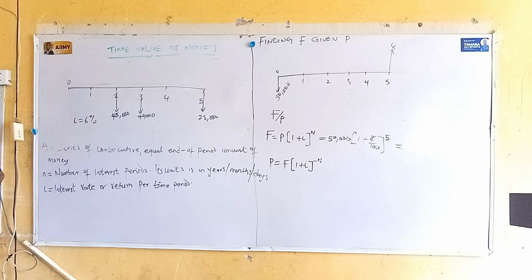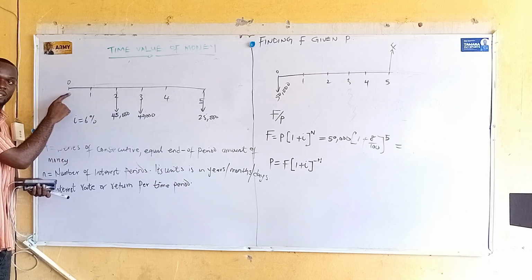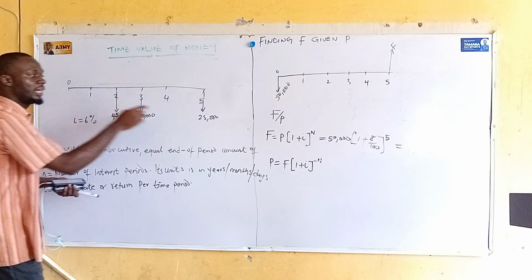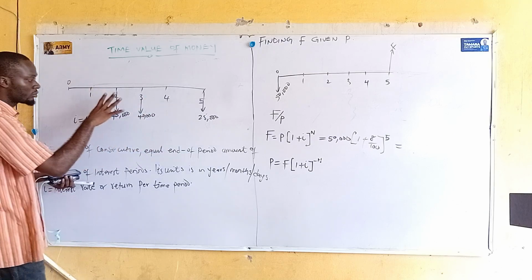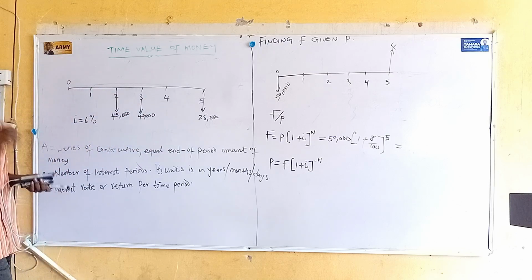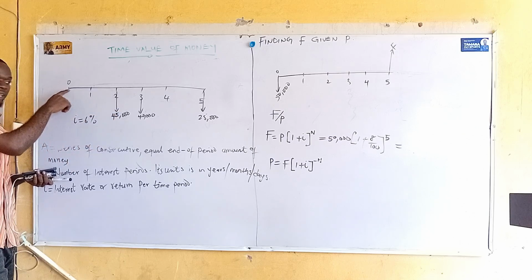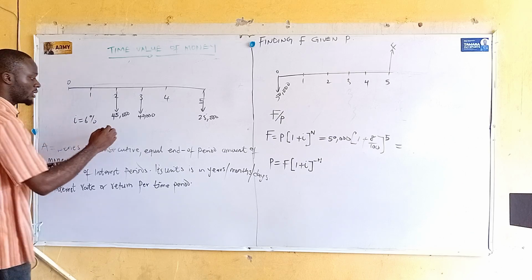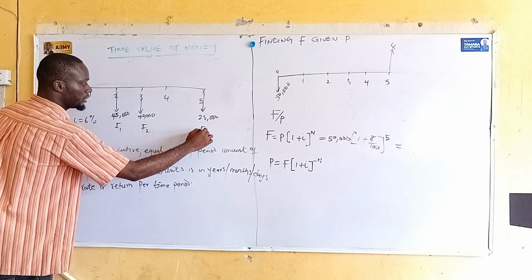So what do you do? You take this money to the present. Take this one to the present. Take this to the present. So you are going to look at it individually. So this one now, since here is the present, then what will that be? Future, future one, future two, and future three.